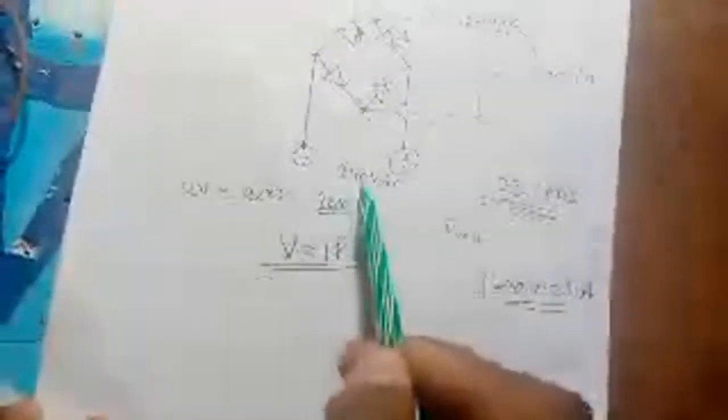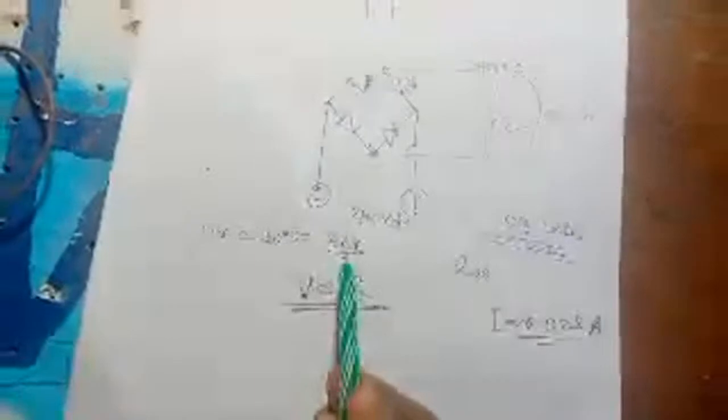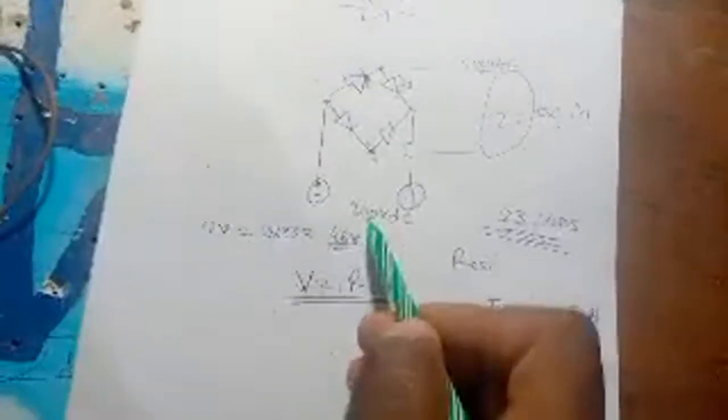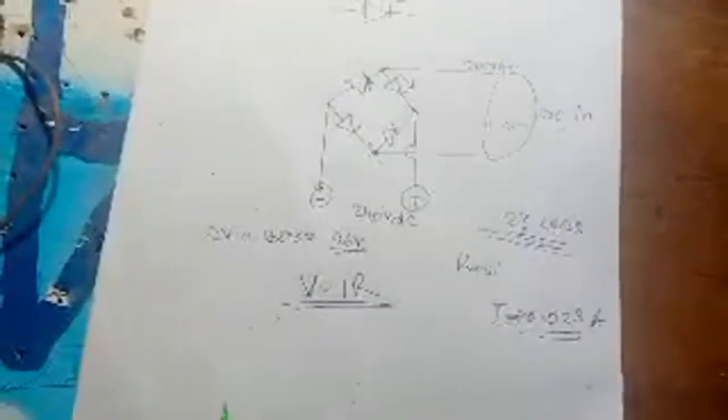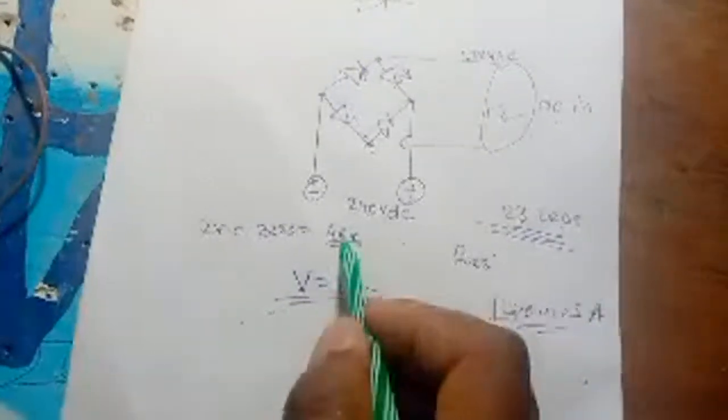So 46 volts ndio tunataka kwa 240. So we only need 46 volts kwa 240. So what do we do for us to attain that 46 volts? So what we really require is a resistor value.